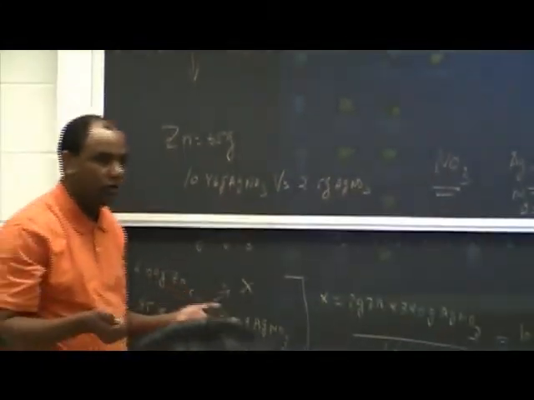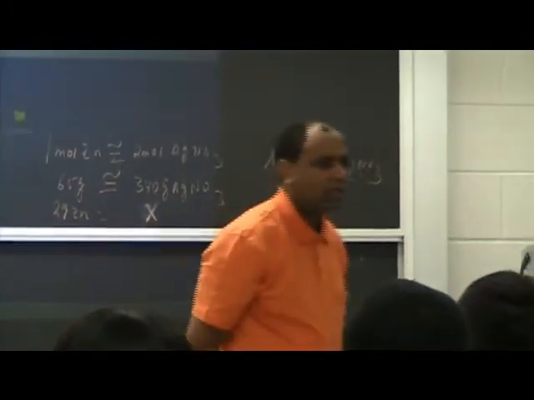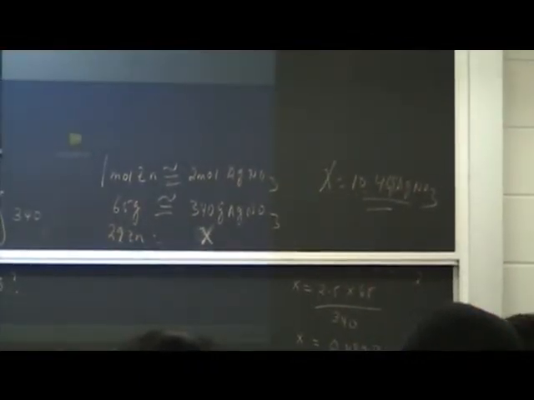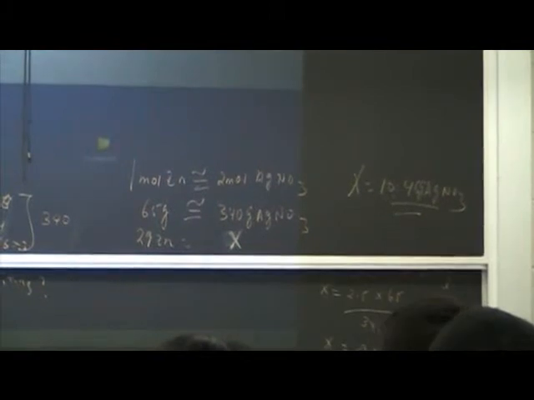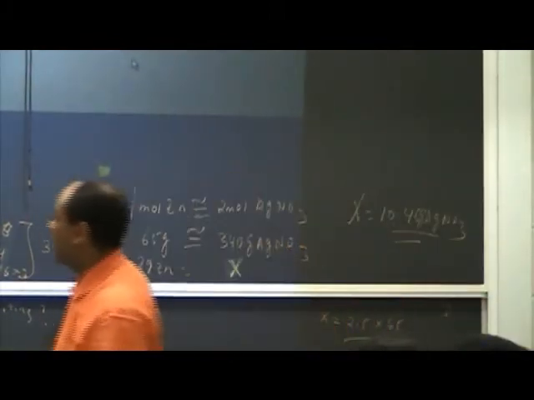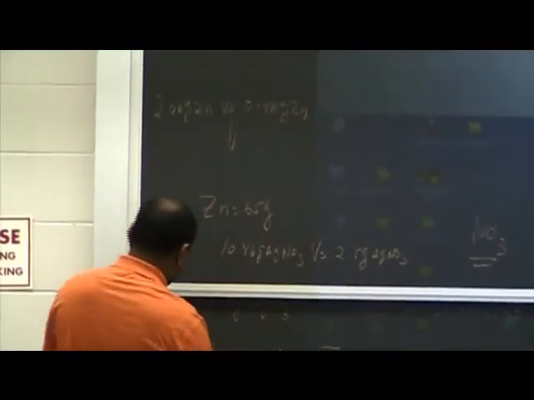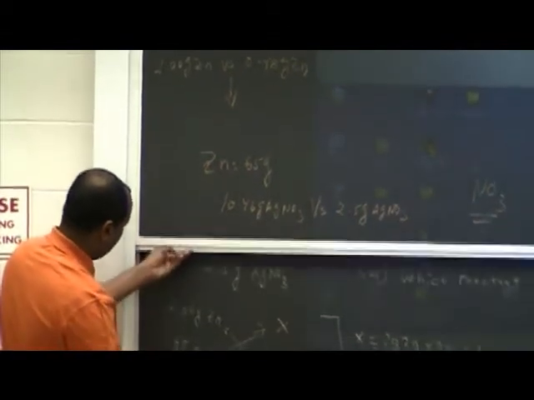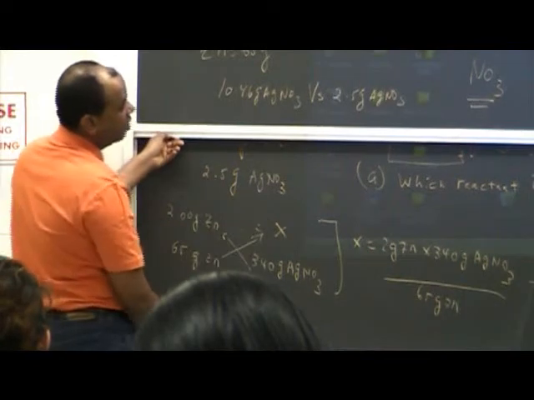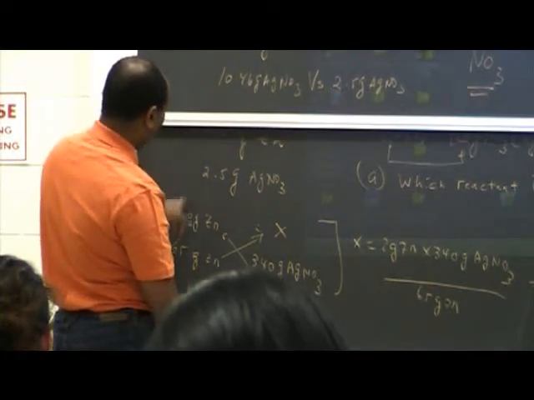Of course. So does the number have to be more than 2 zinc? Like, this was 2.5 and then it was equal to 10.46. Does it have to be a higher number? Well, the idea is, for 2.5 grams of silver nitrate, how many grams of zinc do you need?